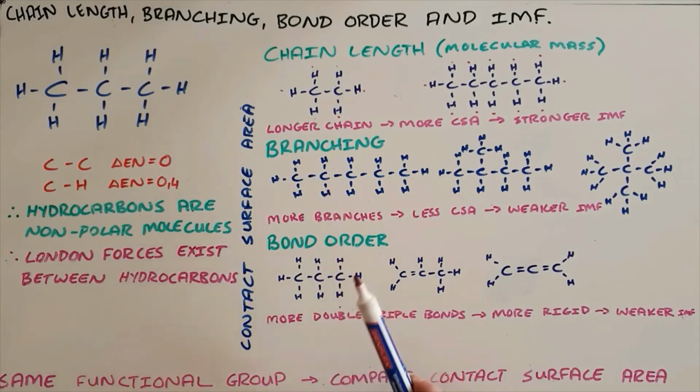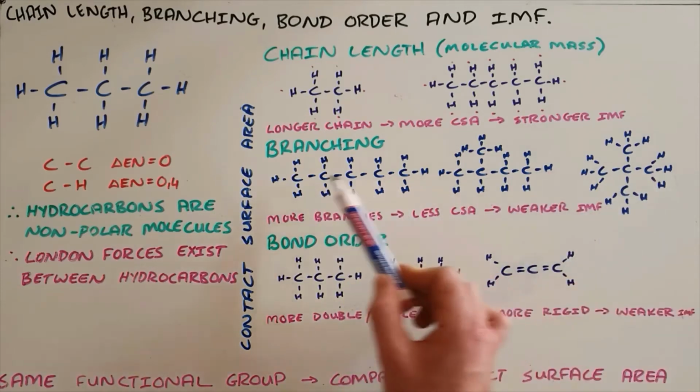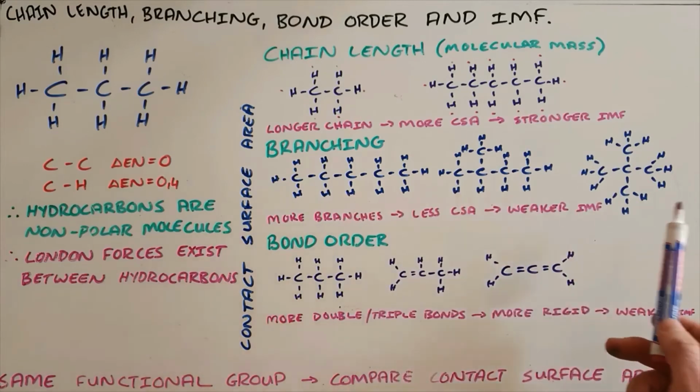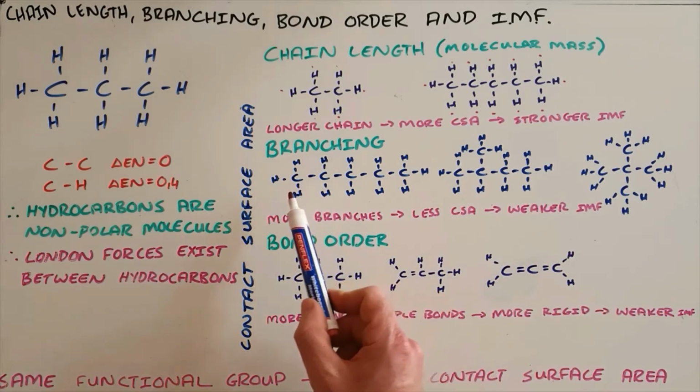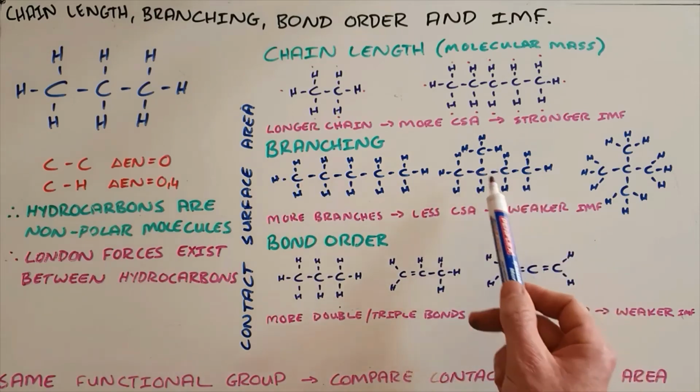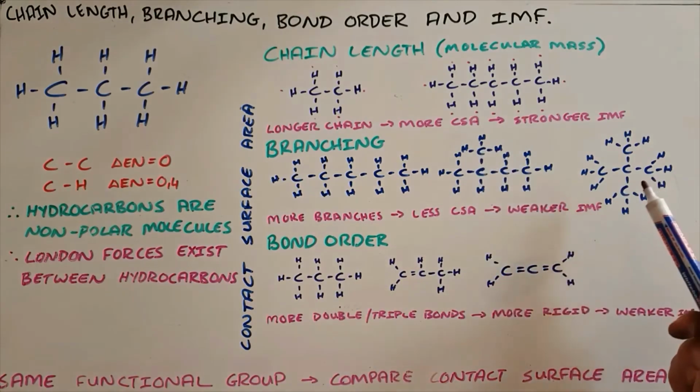The second property is called branching, where if we compare three molecules that have the same molecular mass, these being isomers of each other, we can see that each one of these molecules gets a single carbon shorter as we add a branch.